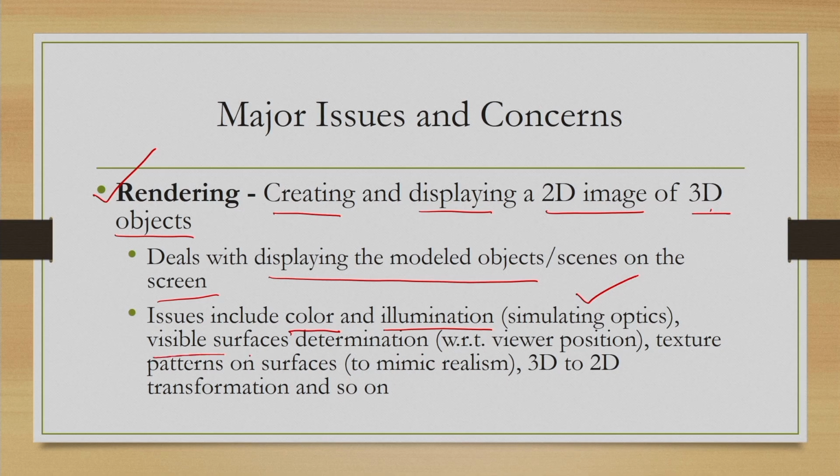Then visible surface determination with respect to the viewer position, texture patterns on the surfaces or texture synthesis to mimic realism, 3D to 2D transformation, and so on. So, these are the issues that are there in rendering.